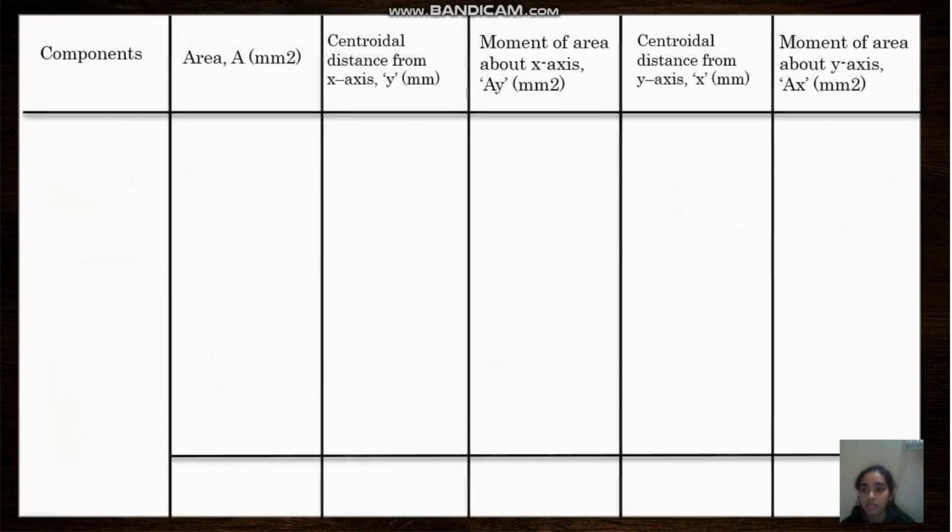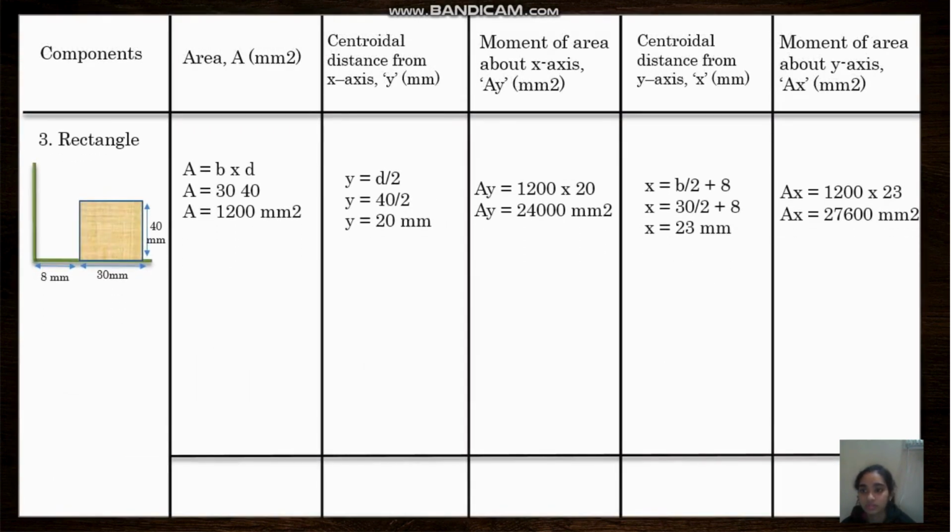The next component is the rectangle. For this rectangle, the breadth is 30 and the depth is 40. Area is b into d, which is 30 into 40. We get 1200. Centroidal distance from x-axis, the formula is y is equal to d by 2. We get 20 millimeter. Moment of area about x-axis, we multiply area and the centroidal distance from x-axis.